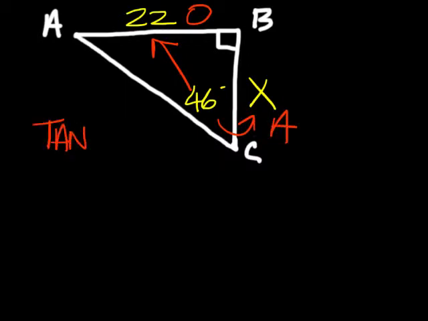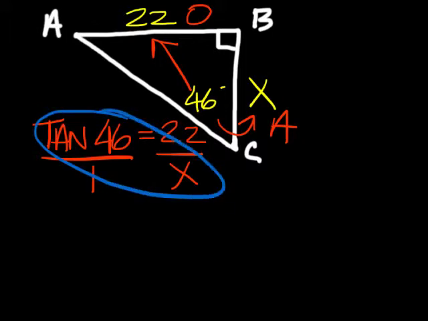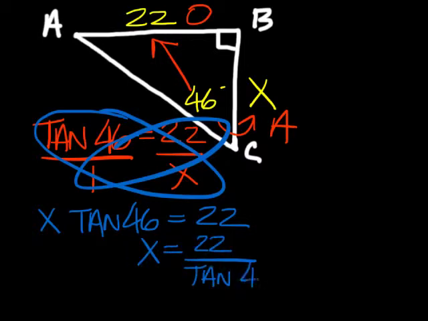Tangent is still opposite over adjacent, so it's tangent 46 equals opposite 22 over x adjacent. And when you cross multiply this, you end up with x times tangent 46 equals 1 times 22. So to get x by itself, you have to divide 22 by tangent 46.